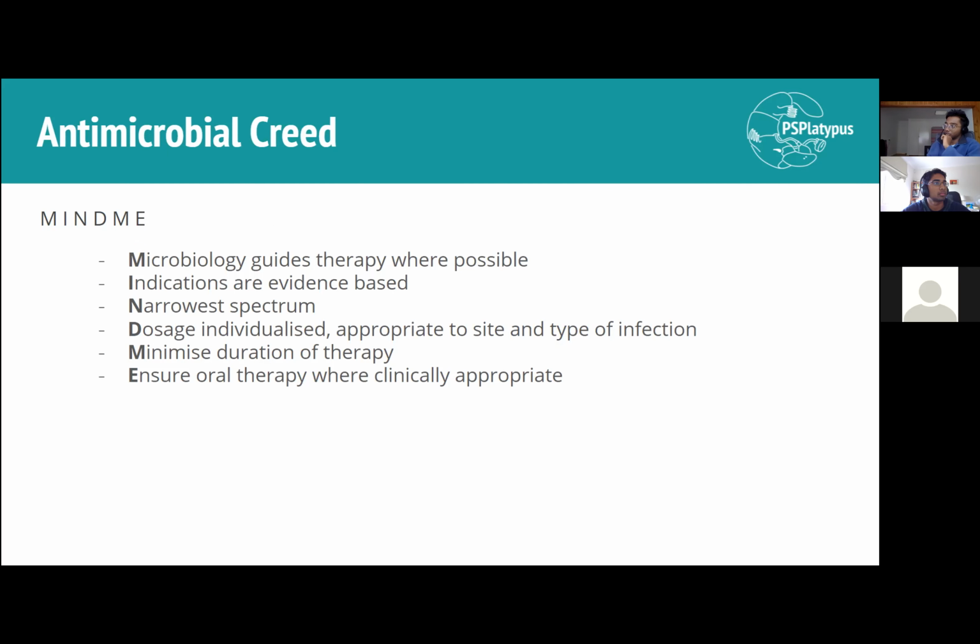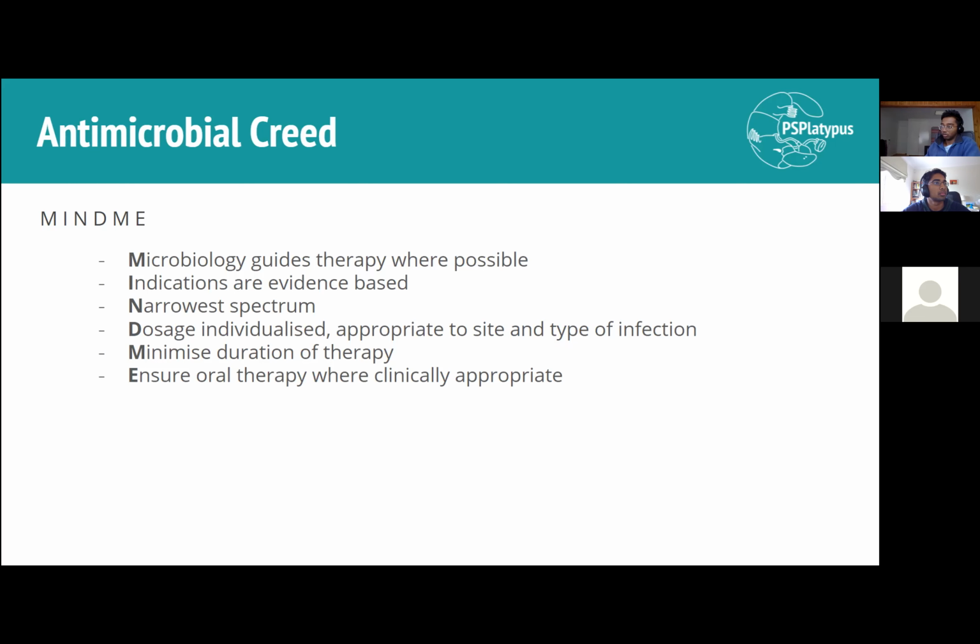The antimicrobial creed is basically a guideline of 6 different things that we need to consider for providing the most, I guess, ethical or the most effective antibiotic treatment.